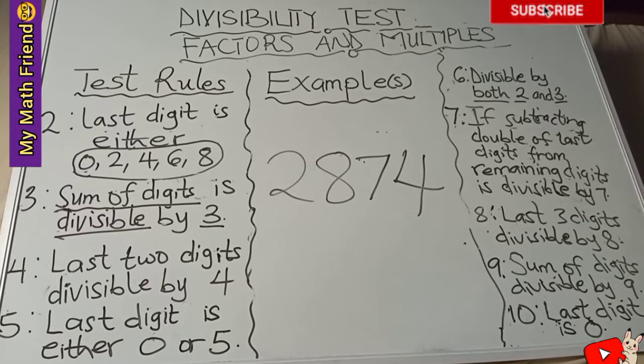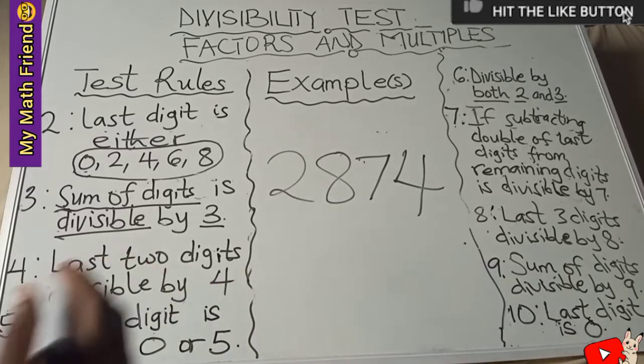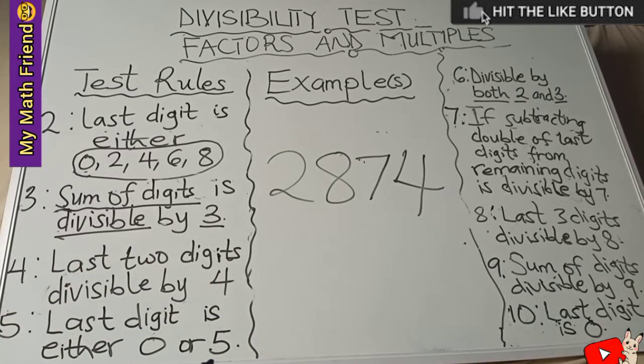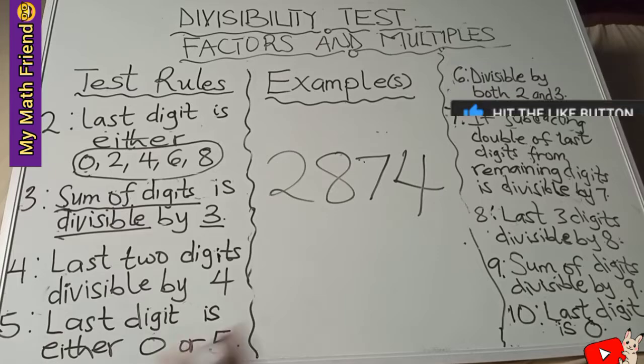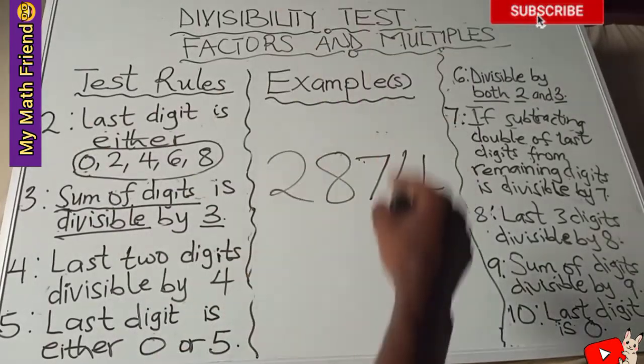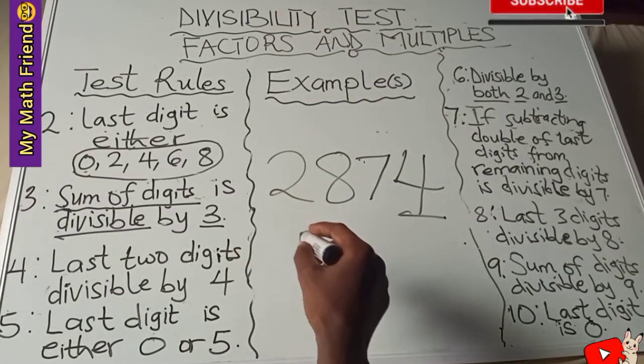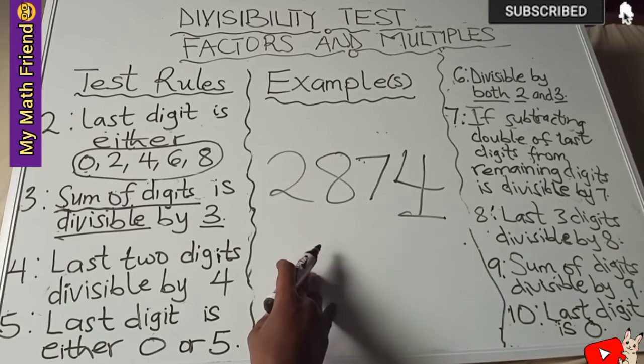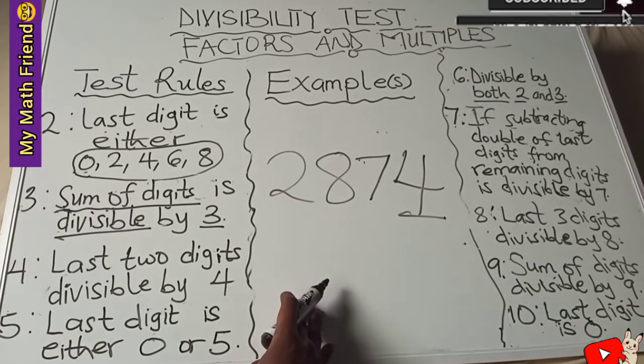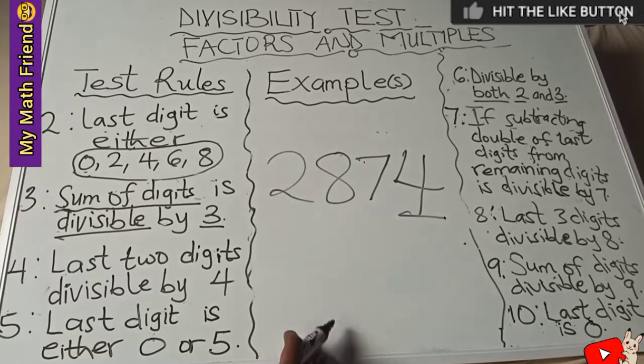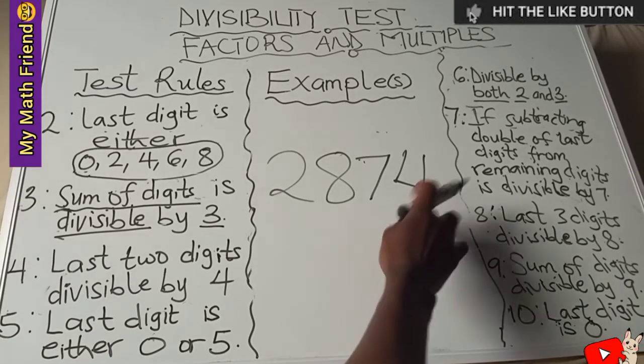It should be divisible by both 2 and 3. So let's test whether it's divisible by 2, then move to that of 3. The rule for 2 says that the last digit should be either 0, 2, 4, 6, or 8. And we have 4 here. So yes, it is a multiple of 2. Very good.